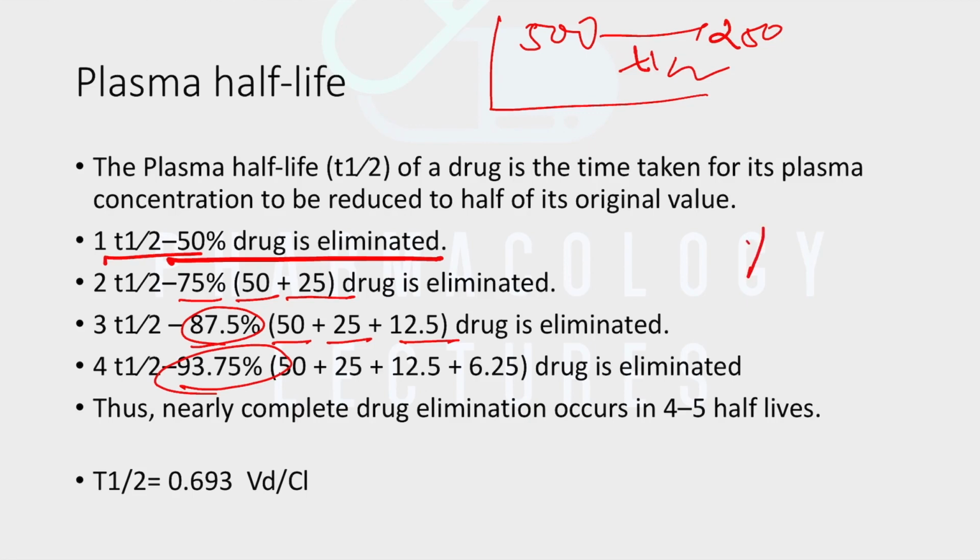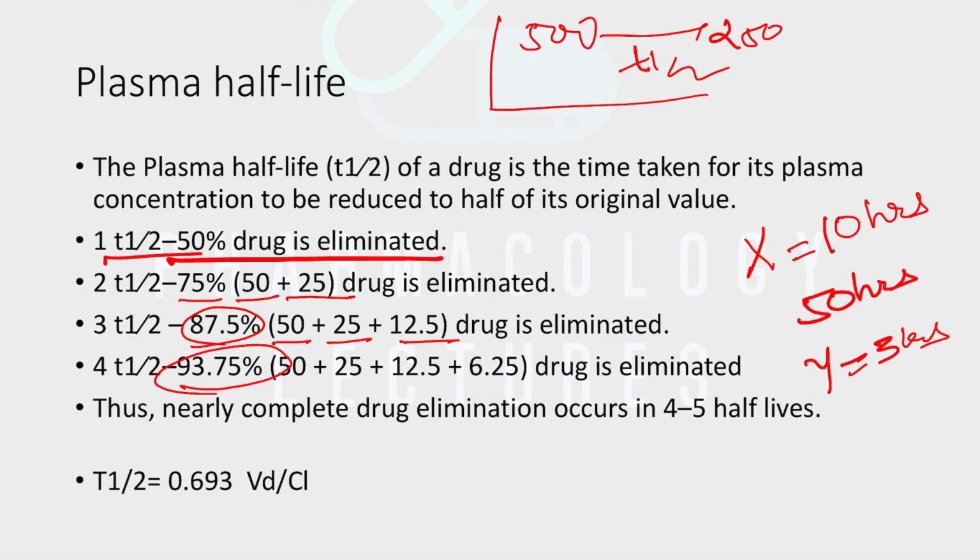So for example, if drug X has a half-life of 10 hours, what is its clinical significance? Its clinical significance is that it takes around 50 hours for that drug to completely, or nearly completely, go out of the body. And what if drug Y has a half-life of 3 hours?